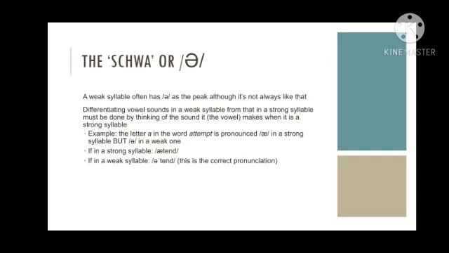The example is the letter a in the word "attempt", which is pronounced as a full vowel in a strong syllable but as schwa in a weak one. In a strong syllable it is pronounced one way, but in a weak syllable it is pronounced with schwa, and this is the correct pronunciation.